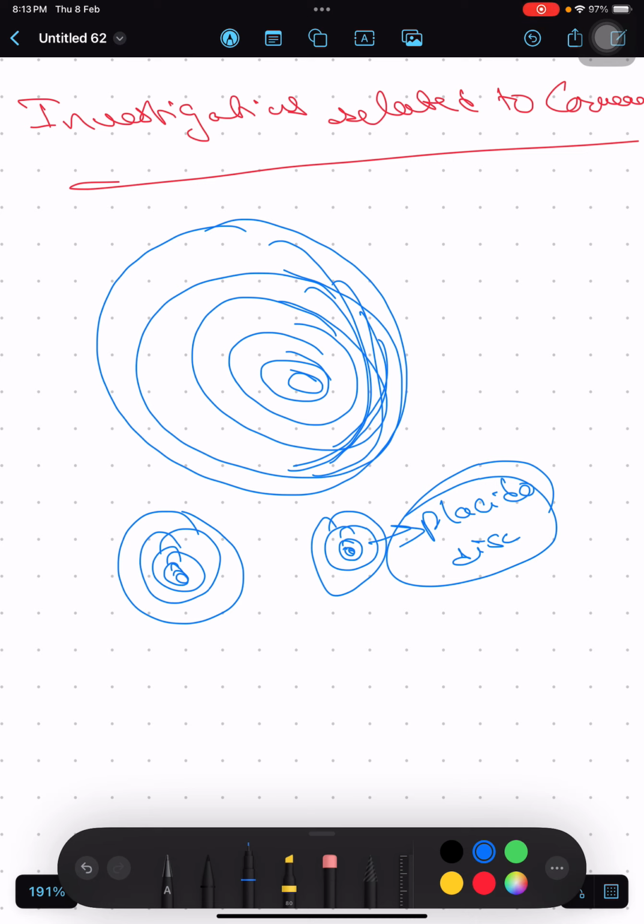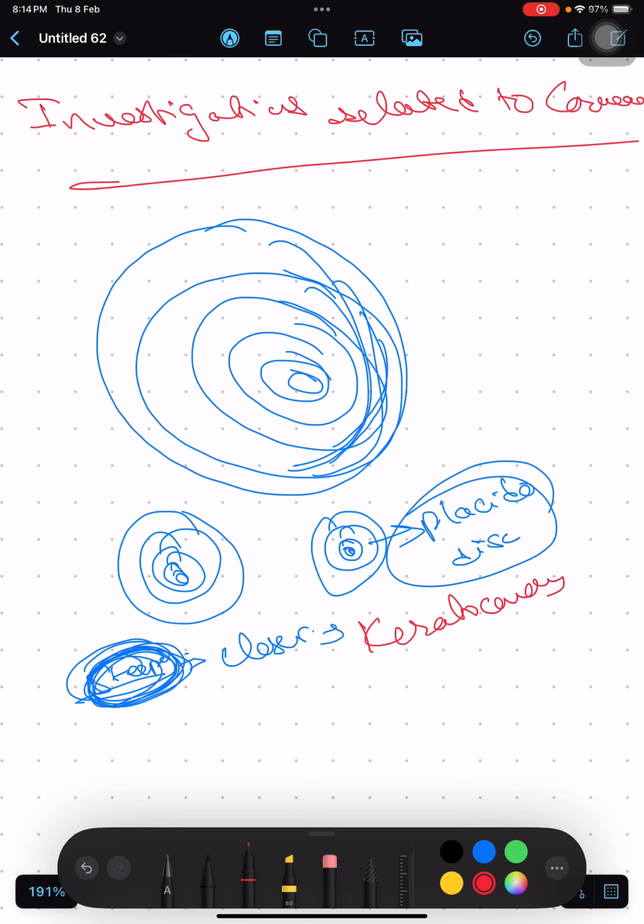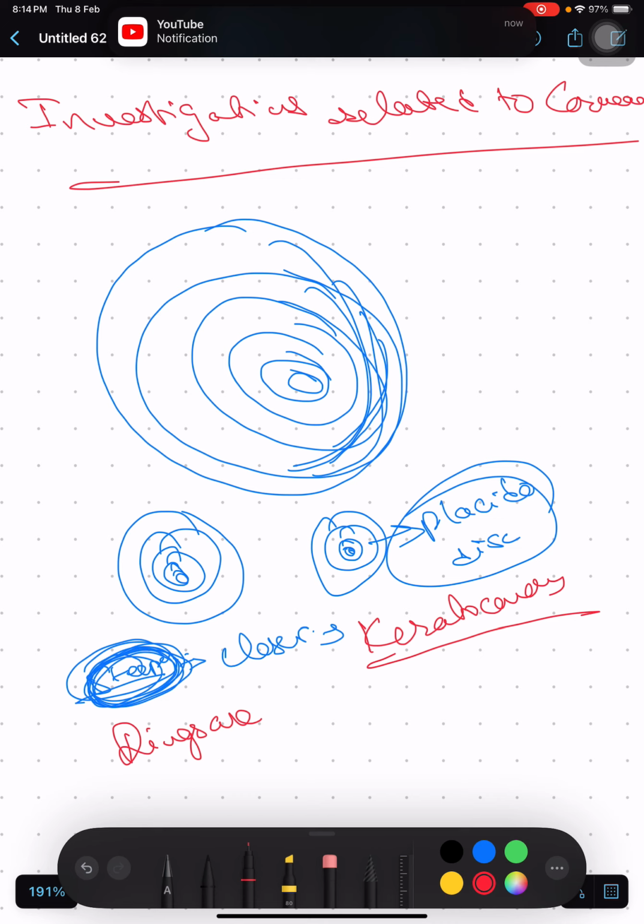If I see steeper, the rings are closer in a steeper cornea and the rings are far apart in a flatter cornea. So if the rings are closer, that means steeper, and what you need to remember is this is seen in keratoconus.